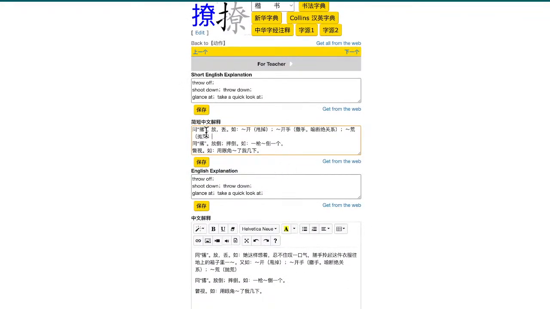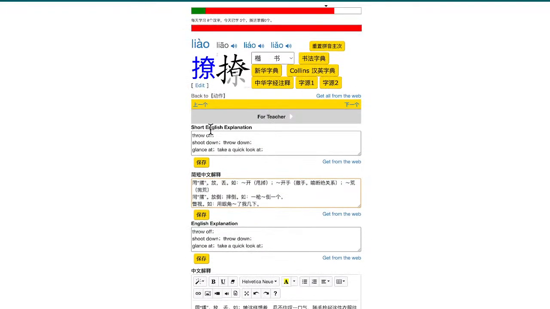Now all these meanings are the same meaning as this other character, which is written over here. That character is also pronounced 撂. So really, when it means throw off, it should use this one. However, like I said, many times there will be another character with the same pronunciation but similar meaning.